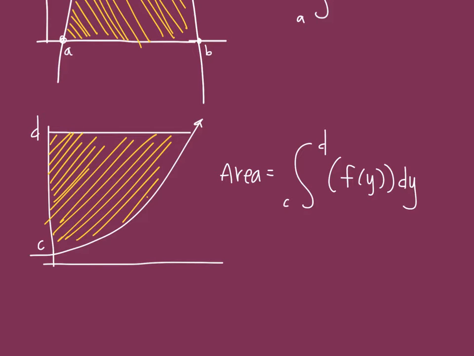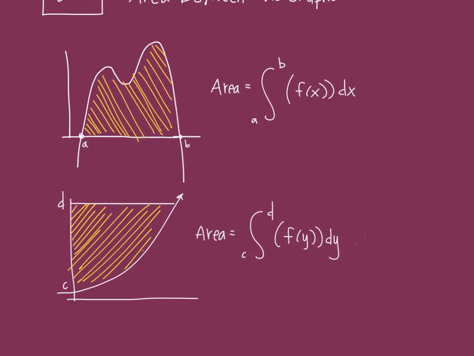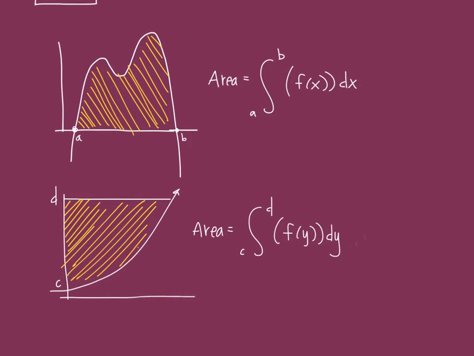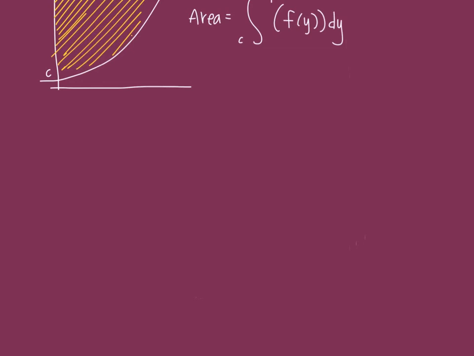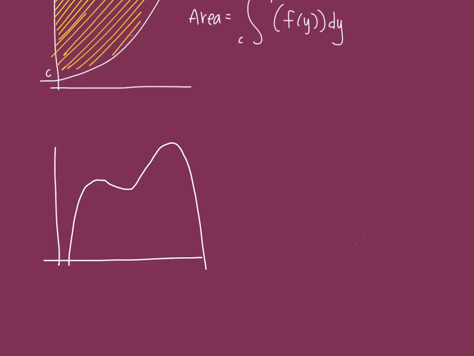Could you overlap the two and find out the area between both of them at the same time? Let's try drawing that and see how it looks. Let's draw this original function, and then let's draw the exponential that comes through.